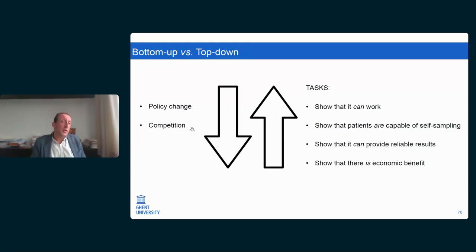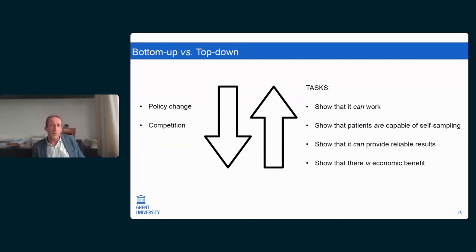This is not really the positive way if you have to do it or if you only do it because of competition. There's also what I would refer to as bottom-up approaches. And then it's up to us as researchers to show that it really can work. And if people can really see that it can work, or if politicians, for instance, or financiers can see that it can work, then they may really start to push it forward as well.